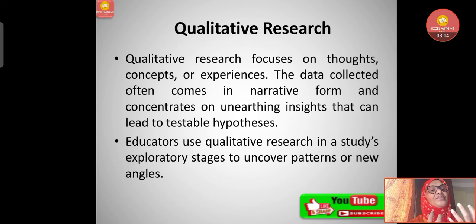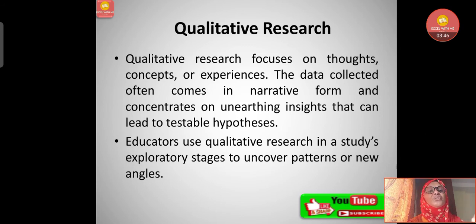Quality itself tells you about aptitude, attitudes, thoughts, concepts in detail, or whatever experiences human beings have had in their life. All these things come under qualitative research. The data often comes from narrative forms. For example, they can take an interview, note down the things, code it, and then proceed to test the hypothesis.